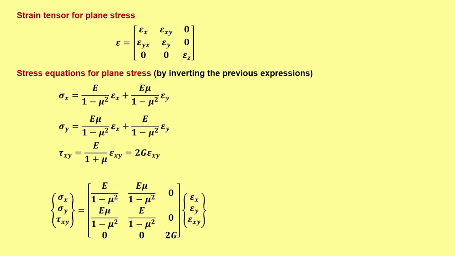To write the stress tensor, you will have E by (1 minus mu square) times the matrix [1, mu, 0; mu, 1, 0; 0, 0, (1 minus mu)/2]. This is the matrix representation of stress for the plane stress condition, and epsilon z is equal to minus mu by E (sigma x plus sigma y).